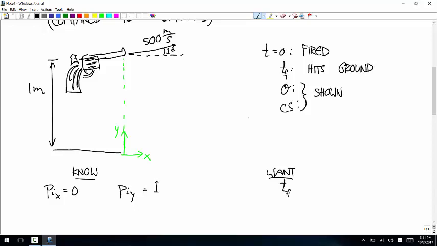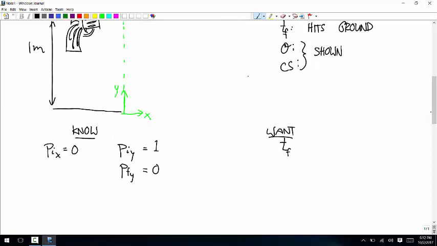Do we know anything about the final position? Yeah, we do. What do we know? That's right, we only know the y coordinate. So P final y is 0 because it's ending up on the ground. Do we know anything about the initial velocity? Yeah, so we can use the angle and the 500 to figure out the velocity vector.